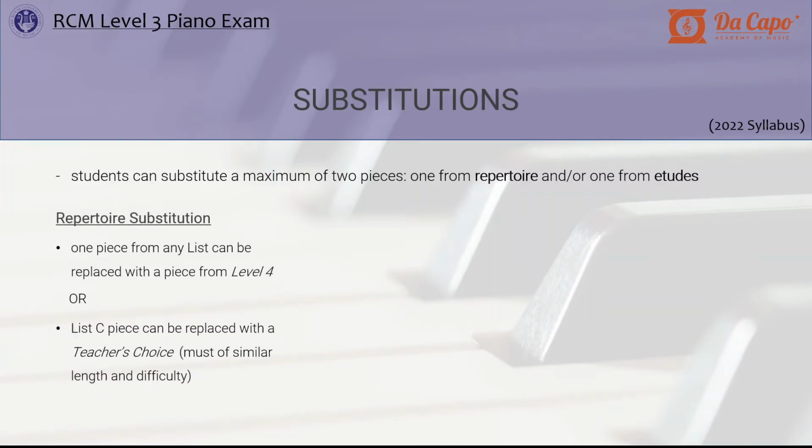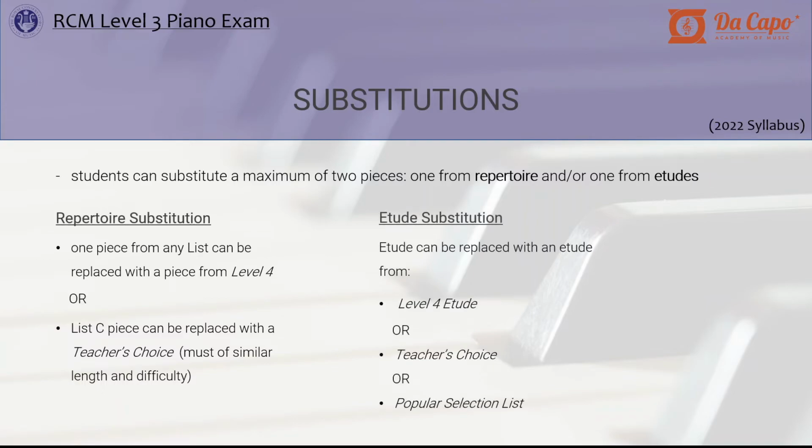For the repertoire substitutions, you can replace one piece from any list with a piece from a level higher, which in this case is level 4. For the list C piece, you can also replace it with a teacher's choice, which has to be of similar length and difficulty. As for the etude substitutions, we can replace one etude with either the level 4 etude, a teacher's choice, or a popular selection list.